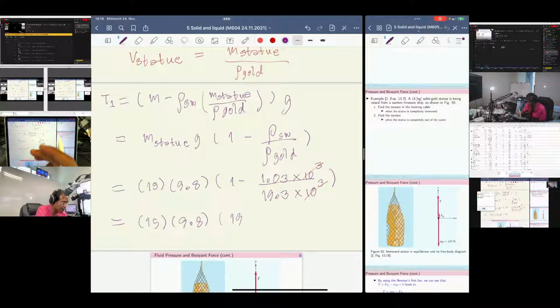And that's the first string tension, approximately 2607.5 Newton. Let's check whether it's correct or not.